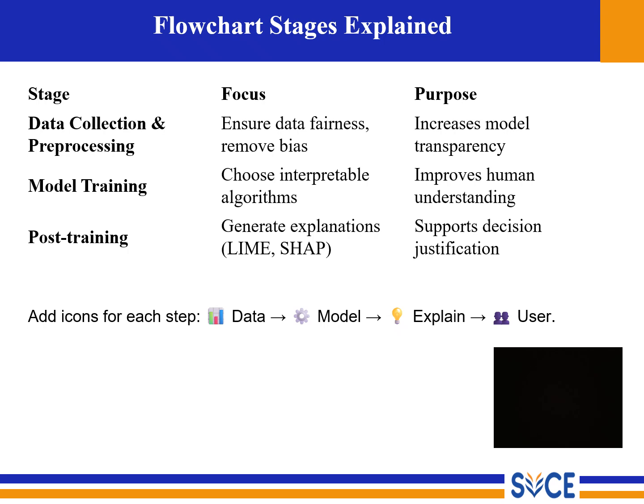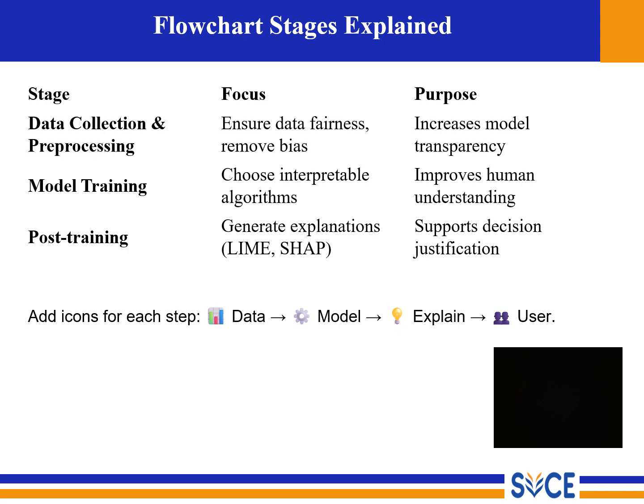This ensures fairness and avoids bias from the beginning. Then the model training stage, which means during the training, you choose an algorithm like a decision tree, which is easy to interpret. This means you can explain the decision, for example: the student was selected because their marks were above 90 percent and the attendance was above 95 percent.